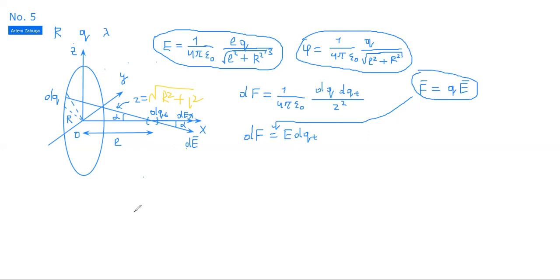How to do this? Do you have any ideas? How to find this differential? Because from the description we have lambda, we have linear charge density. So how to find this?